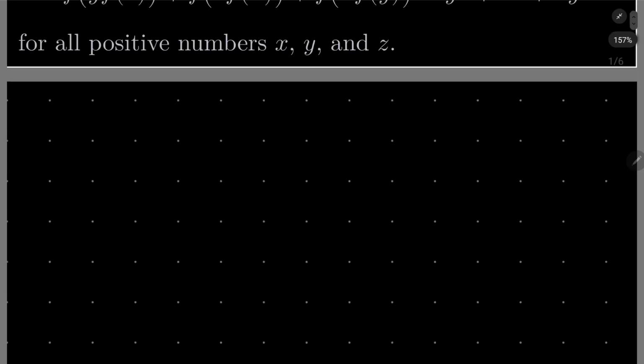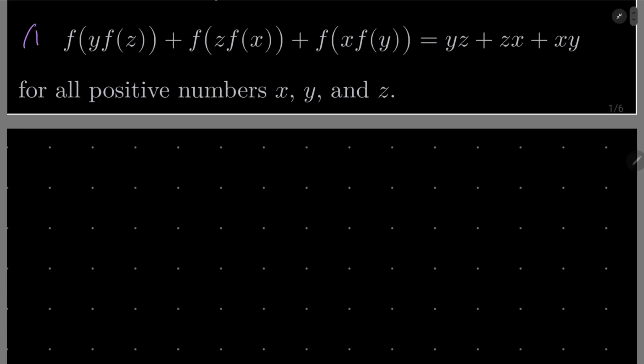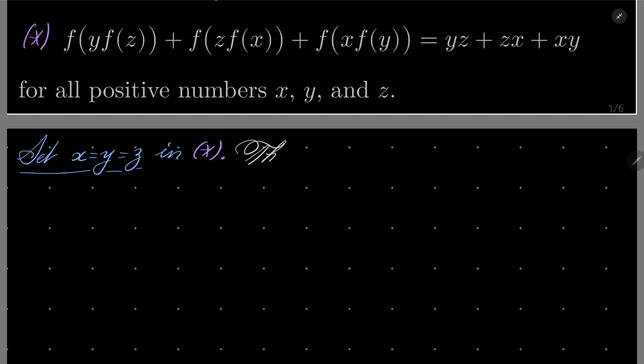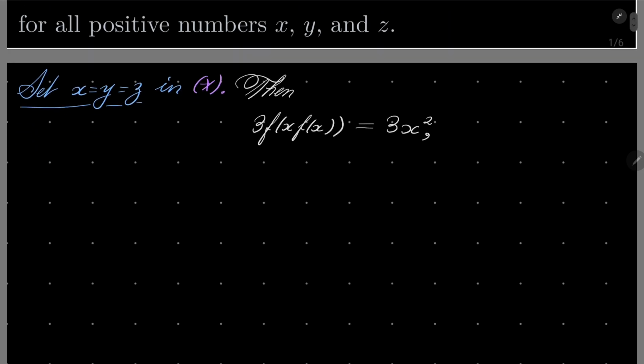Right, so let's mark this equation asterisk, and now let's start with setting x, y, and z to be the same in our condition asterisk. Then we have the following. On the left-hand side we'll have 3 times f(x)f(x) equals 3x squared, which after division becomes f(x)f(x) equals x squared.